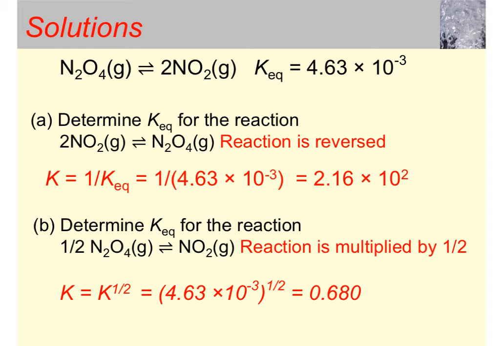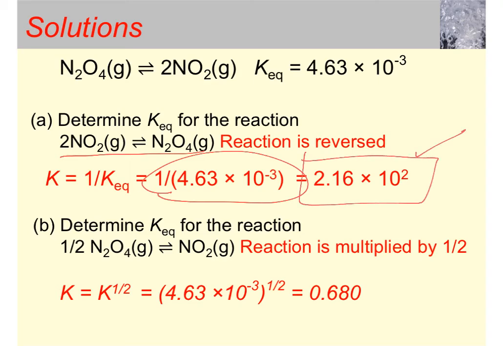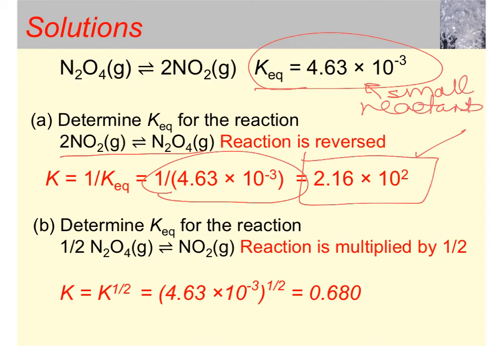So here are the results presented a little bit more neatly for this reaction, right? When we plug in 1 divided by the square root of 4.63 times 10 to the minus 3, here is our new equilibrium constant. Notice a couple of things that make sense, right? The original equilibrium constant is small, with a negative exponent, which means the reactants are favored, which means at equilibrium you're not going to have very much product. You're going to have mostly the reactant left.